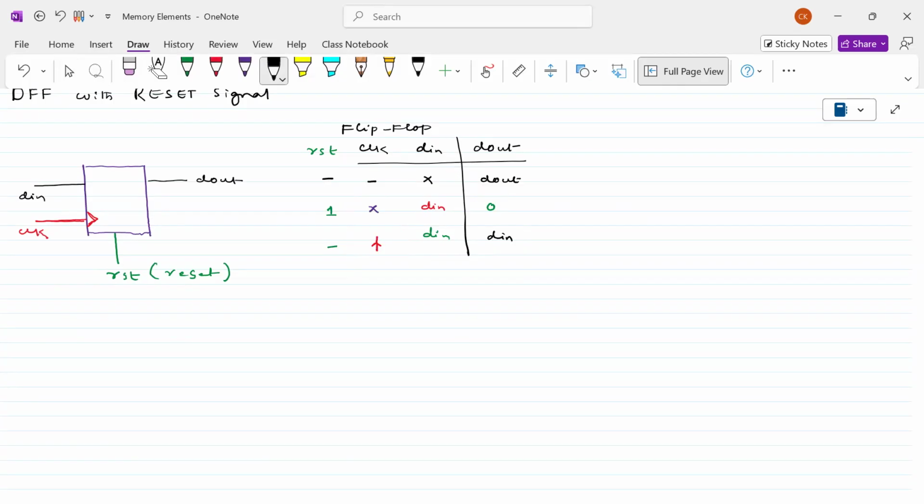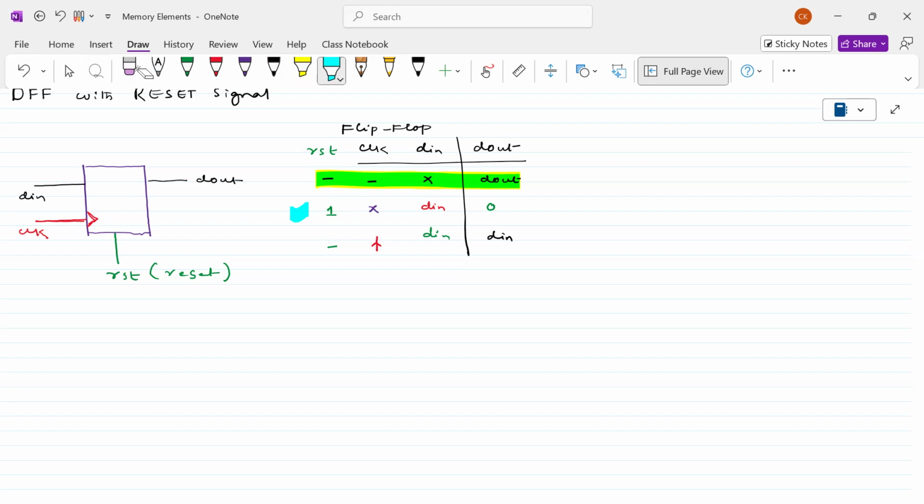Did you catch this point? If you are confused by this statement, keep it aside for the time being and don't consider it. You consider this one: if RST is 1, irrespective of the clock signal and irrespective of the DN signal, the output will be 0.